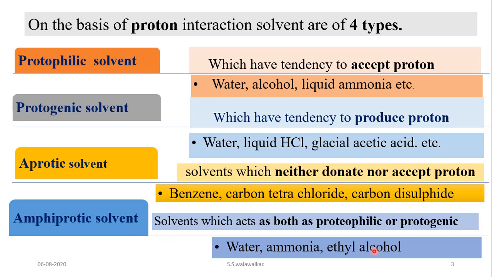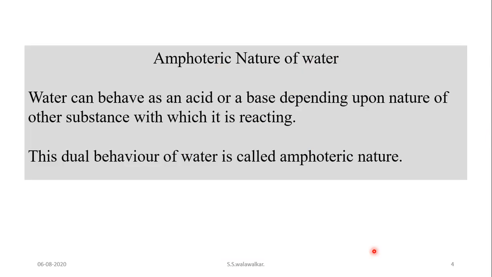Now, water shows both properties. Water can behave as an acid as well as a base, and that depends upon the nature of the other substance with which it reacts.